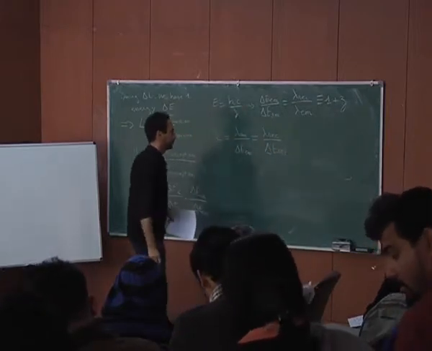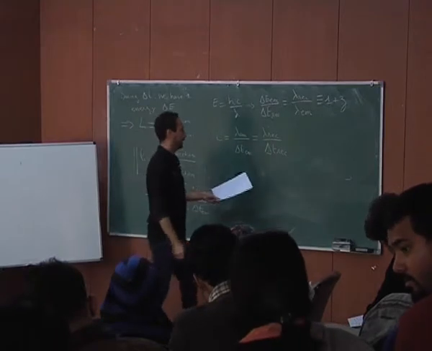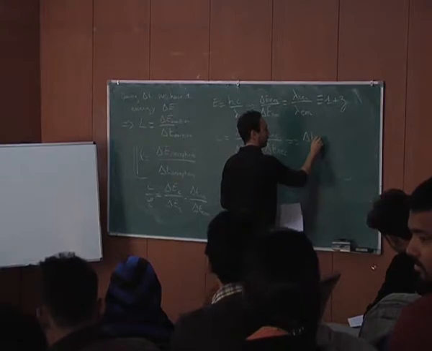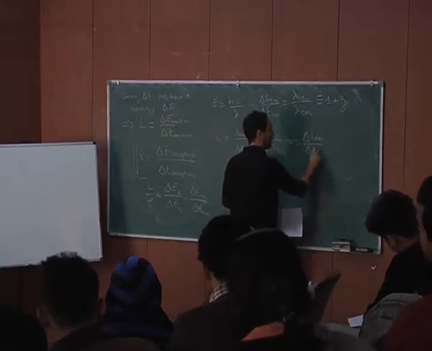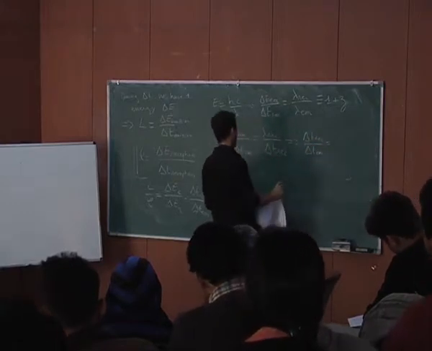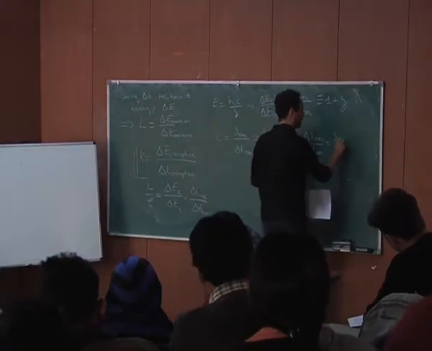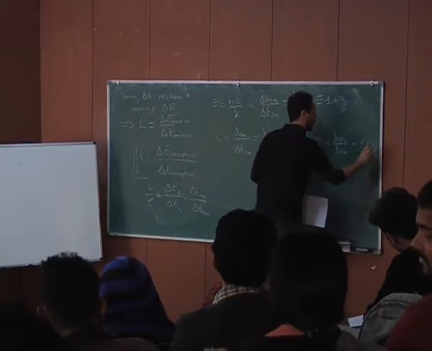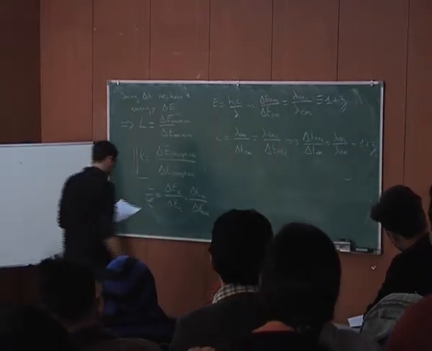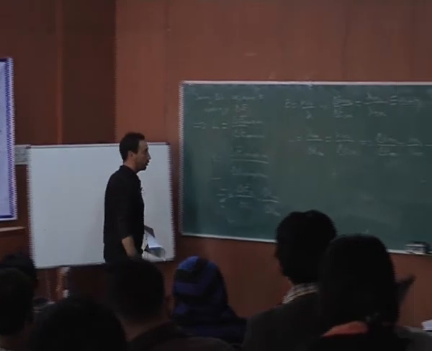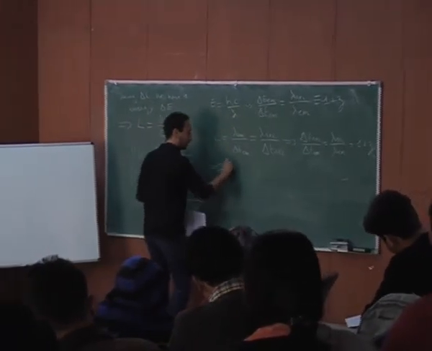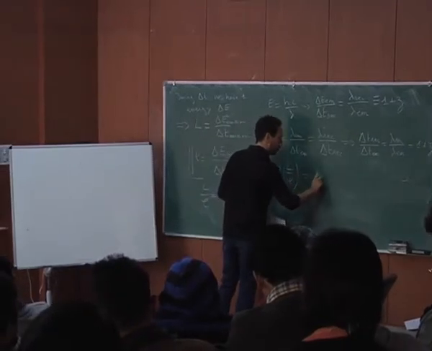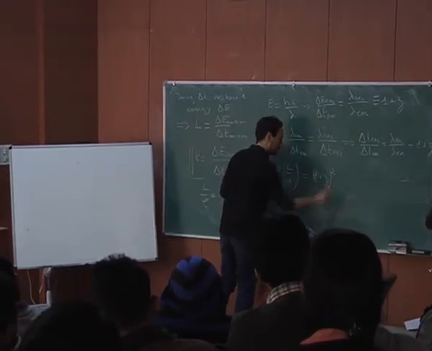So then I have that delta t reception divided by delta t emission is equal to lambda reception divided by lambda emission. And this is 1 over 1 plus z, sorry. So from that we conclude that L divided by l is equal to 1 plus z squared.